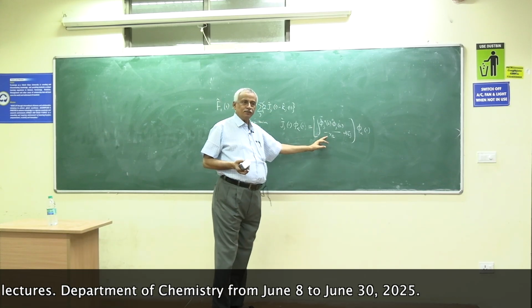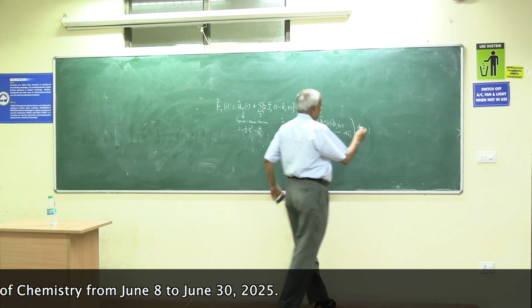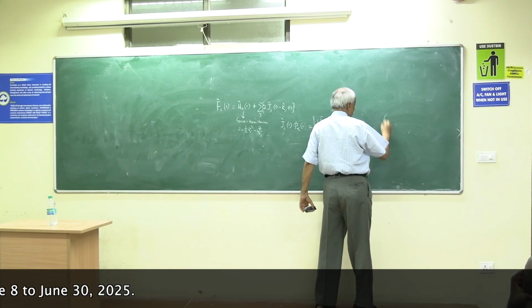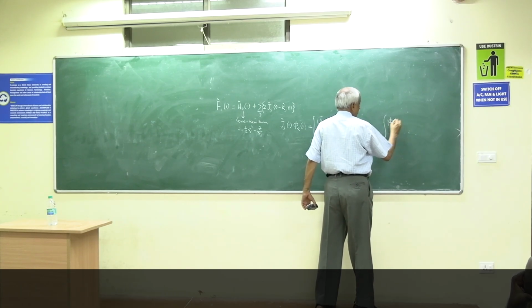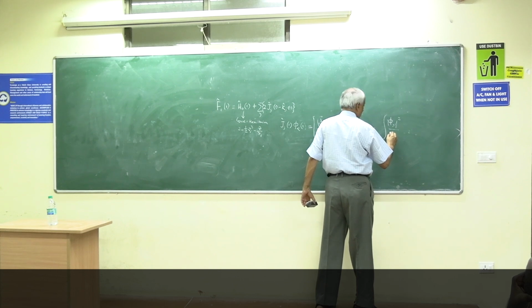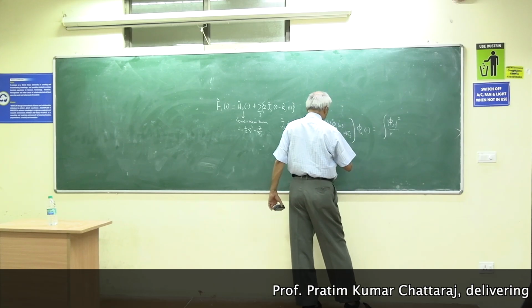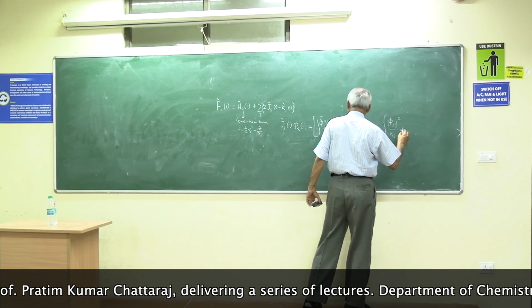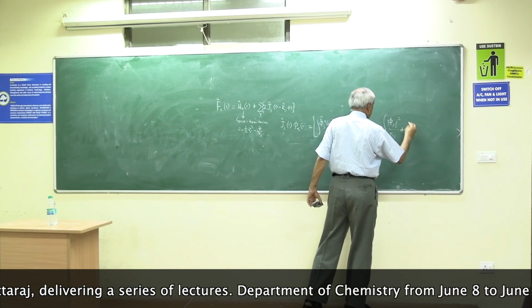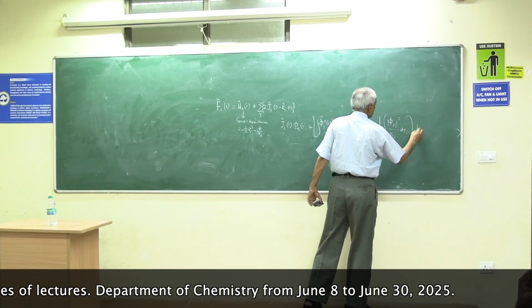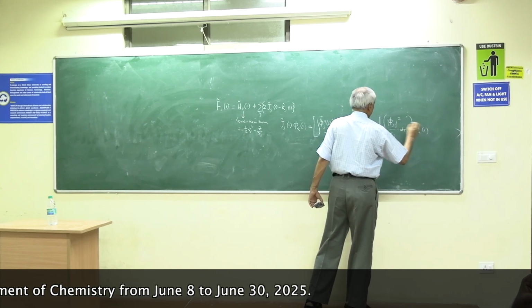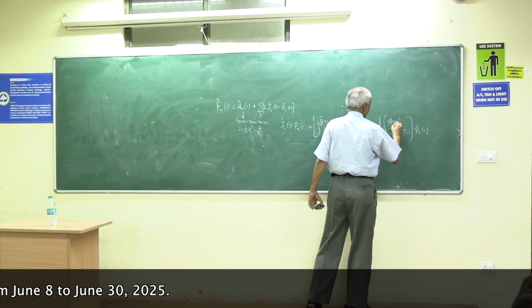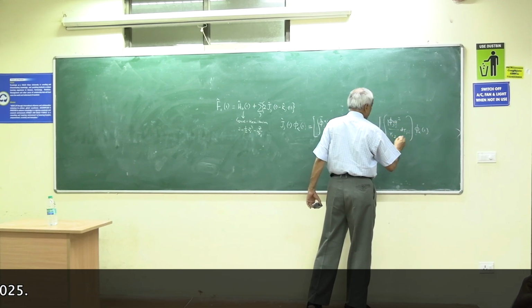This is the same thing which Hartree has used, the way we wrote it there: the integral of phi_j mod square by R_1j d tau_j, this operator operating on phi_A(1).